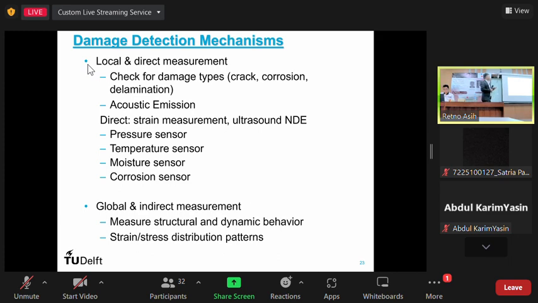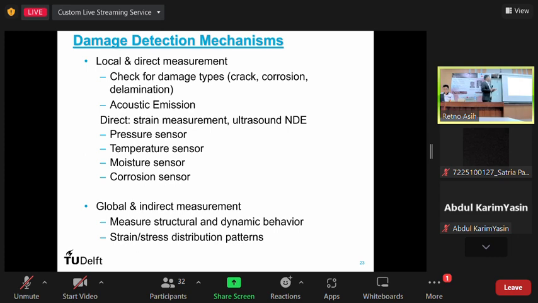Well, damage detection mechanism, it can be local and direct measurement. So you have a local problem like cracks, corrosion, delamination, and other types of defects that you may get in your structures. Then you have the use of acoustic emission to listen to the signals in the structures.